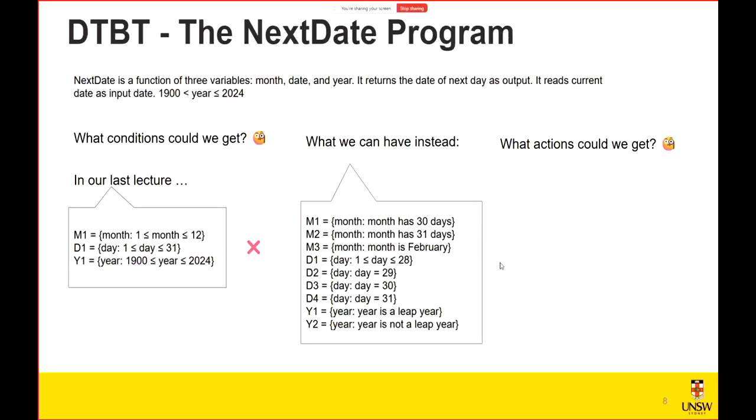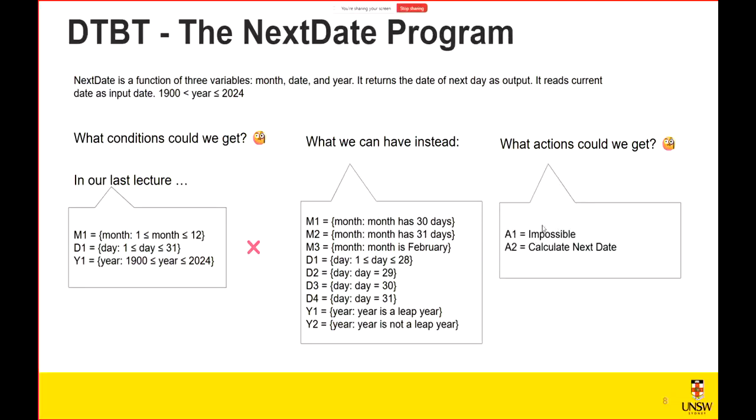So what are the actions we can have? Let's not consider the actual, very concrete, detailed steps taken by the program. Let's just consider the output of the program. So we can have 2 different actions.